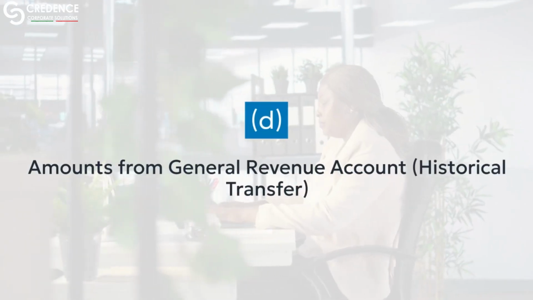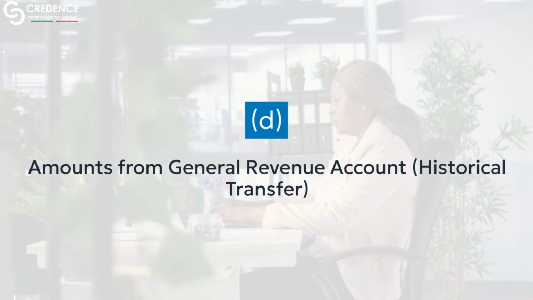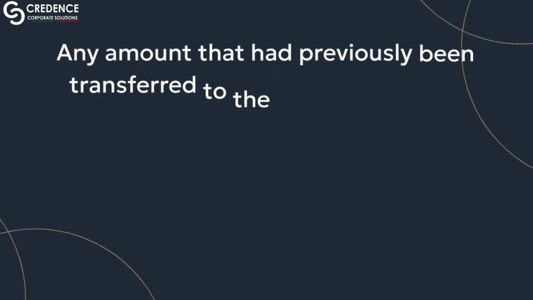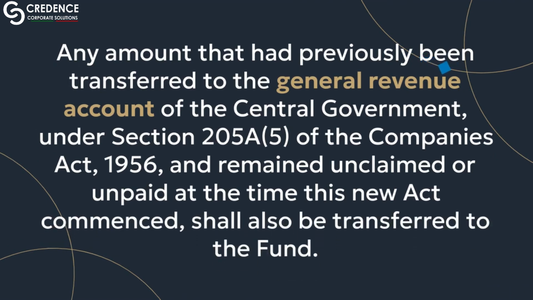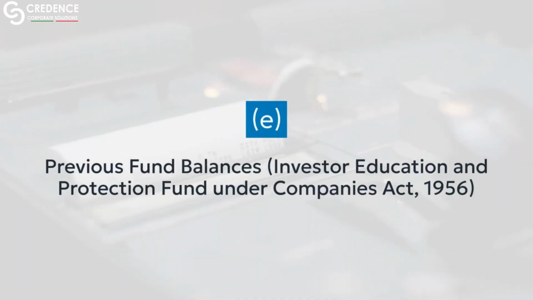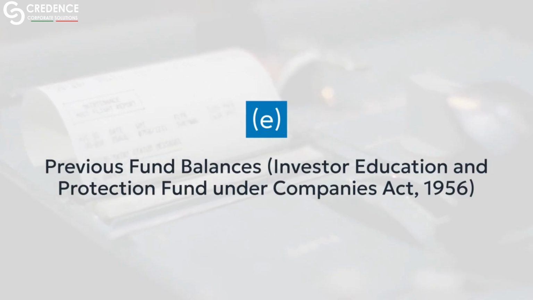D. Amounts from General Revenue Account, historical transfer. Any amount that had previously been transferred to the General Revenue Account of the central government, under Section 205A(5) of the Companies Act, 1956, and remained unclaimed or unpaid at the time this new Act commenced, shall also be transferred to the fund. E. Previous fund balances, Investor Education and Protection Fund under Companies Act, 1956.